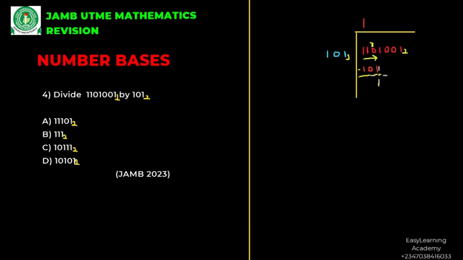So okay, let's extend this. So we can bring down this other one here. When we bring down this other one here, you're going to have it as 11. So we now say 101 comes into this 11. How many times? It's not possible.